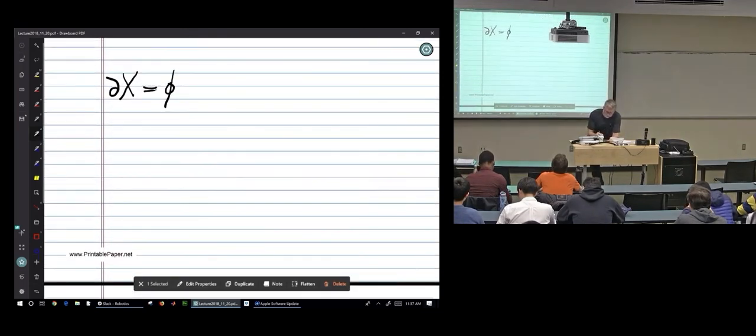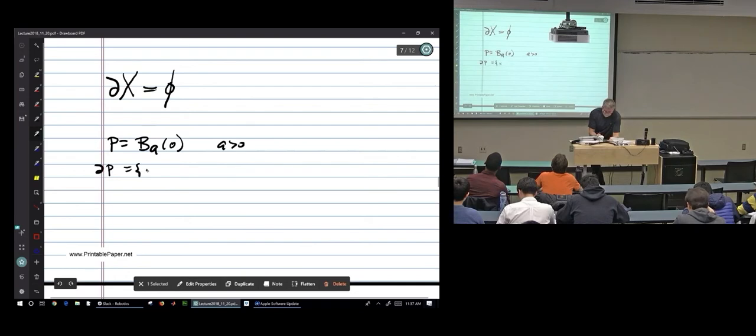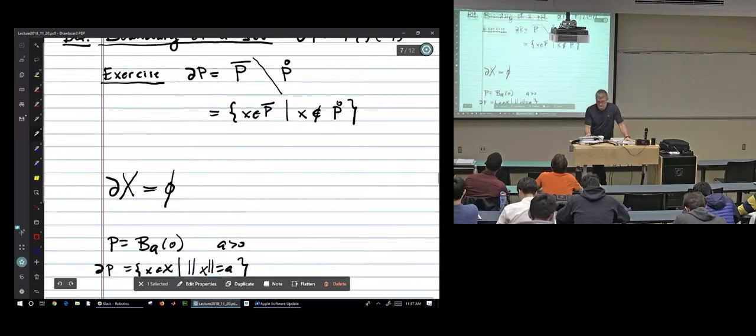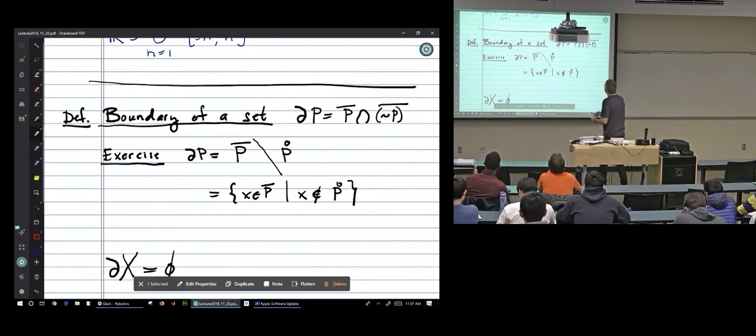So take P to be the ball of radius A about 0. And you want the boundary of P to be the set of all x in X such that the norm of x is equal to A. So what happens here?